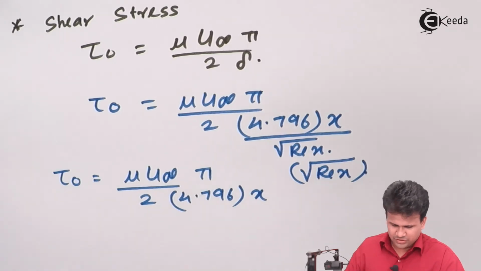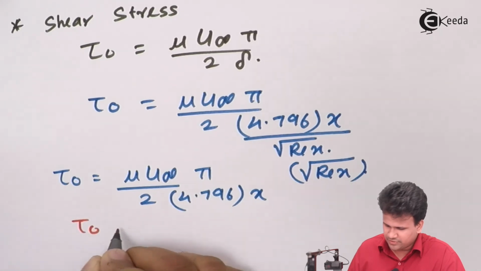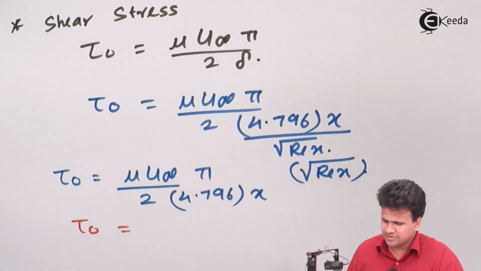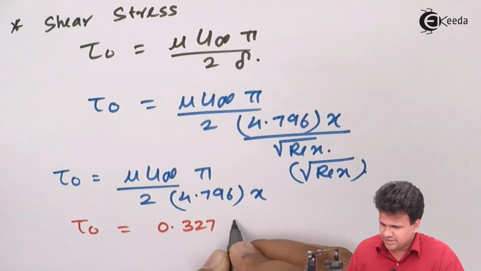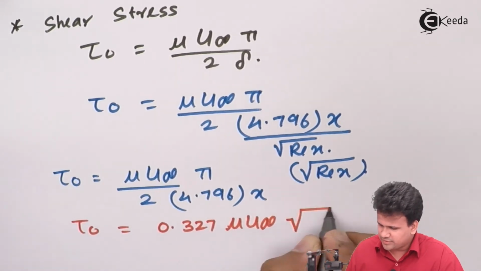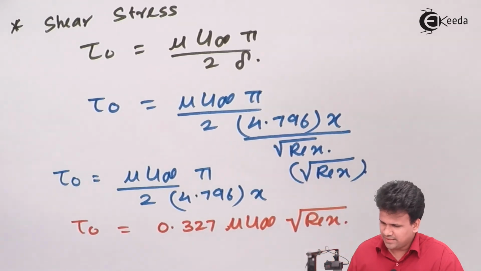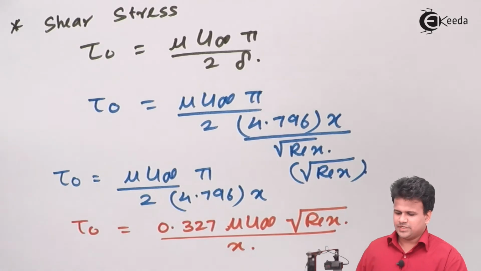So on evaluation of all these terms, we get tau 0 equal to the constant part, 0.237 mu into u infinity into square root of Rex upon x. So this is the value of shear stress.